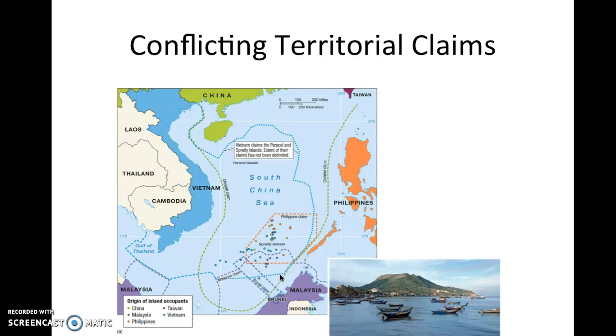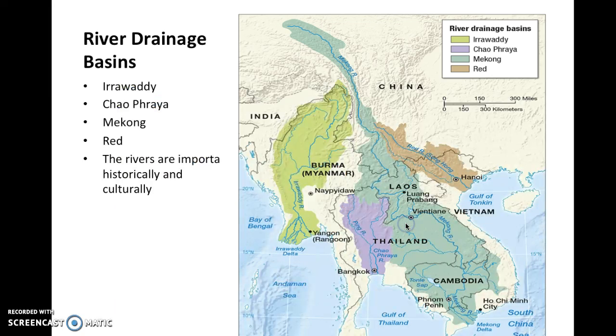And the World Court has decided that it belongs to the Philippines and to Brunei and some of these other areas, but not to China. I think there will end up being some conflict over that. Whether it will be a war or not, I don't know.